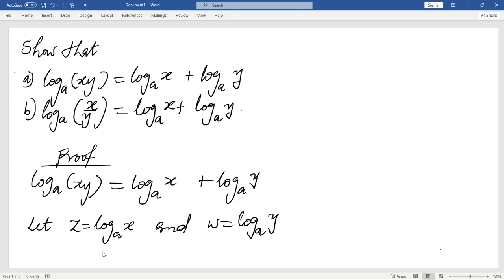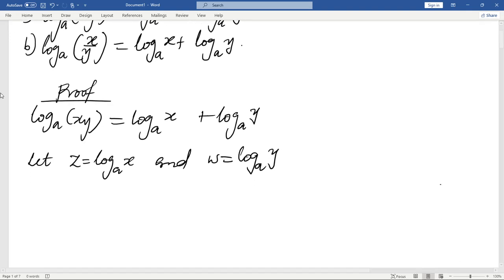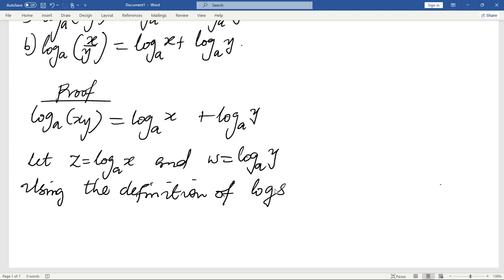Now we're going to use the definition of logs. If you have a function y equal to a to the power x, then writing this from its exponential form to its logarithmic form is simply x equal to log y to the base a.